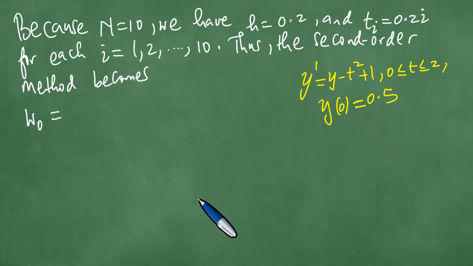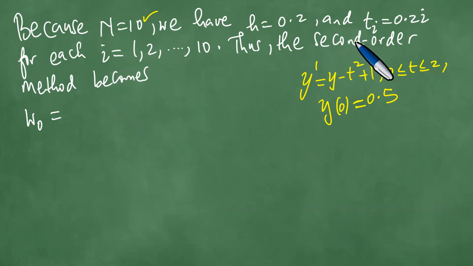Okay, look at these now. This is the question. If we have that n equals 10, how many i's will be there?